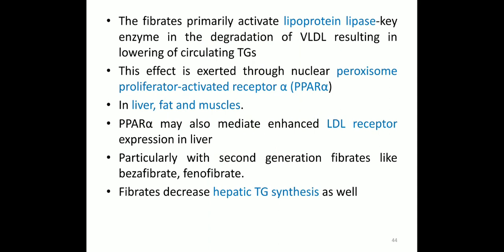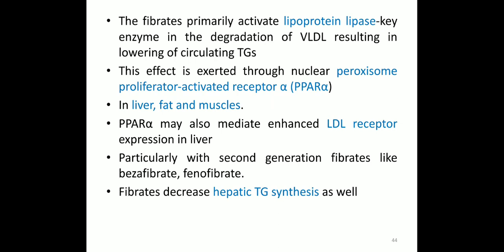Remember the chart in which we discussed how much percentage each drug decreases a particular lipid. We saw that fibrates decrease triglyceride by 20 to 50%. Triglyceride is the main component of VLDL, so by this drug both VLDL and triglyceride will be decreased, by activating the lipoprotein lipase enzyme.